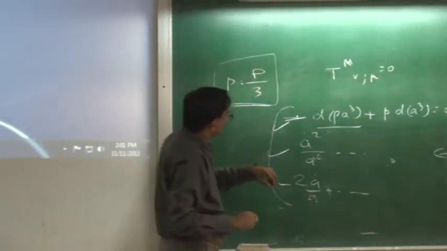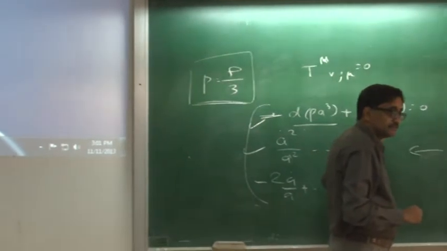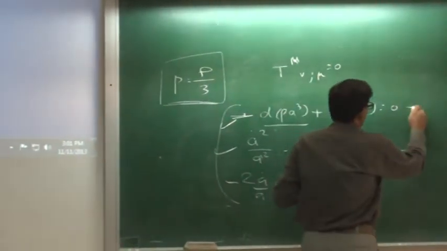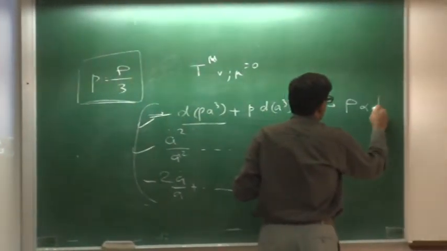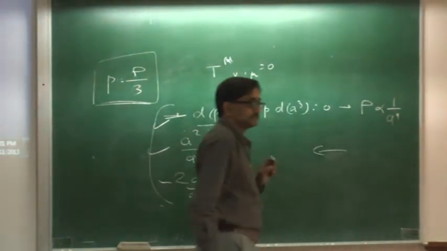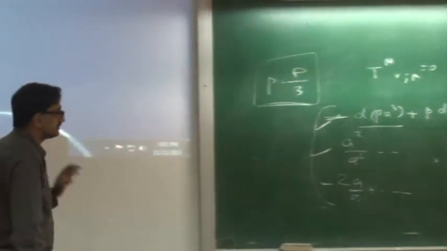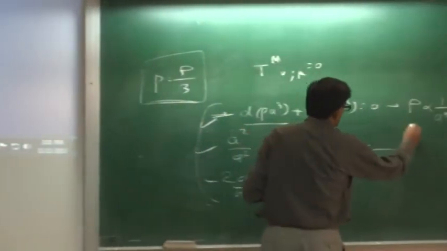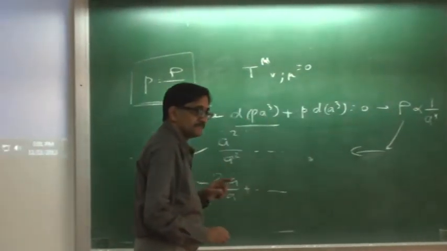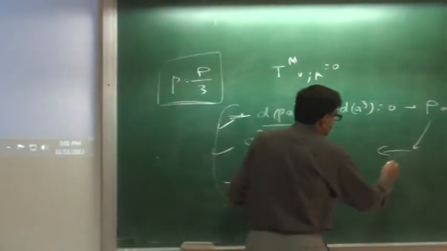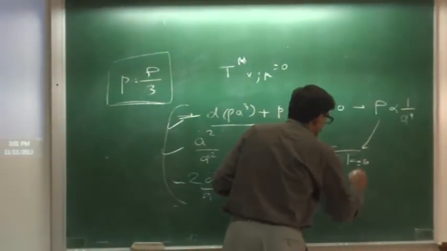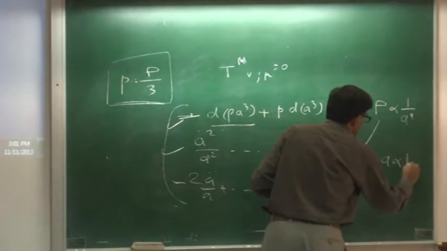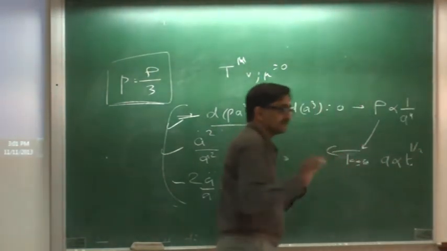So what you do is you substitute this equation of state, P equal to rho by 3, over here, and you will get rho proportional to 1 by a to the 4. If you substitute this rho over here, for the case of k equal to 0, you will get a proportional to t to the power half.